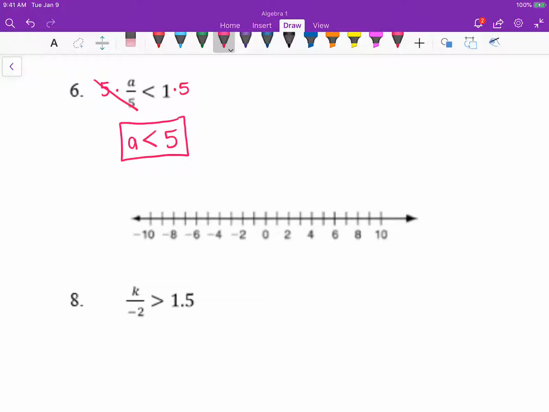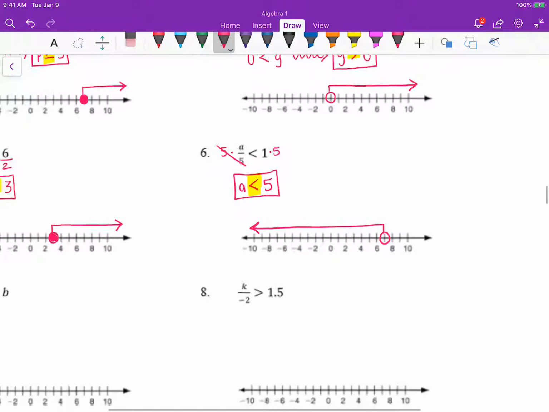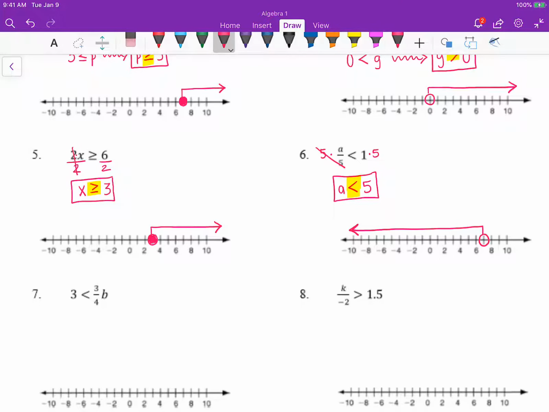Our circle is going to go at 5, so over here I'm going to do an open circle at 5. And my symbol is pointing me to the left, so I can go ahead and shade on the graph all the way to the left from there. So far in any of these problems, I have not had to multiply or divide by a negative number, so I have not had to reverse my symbol for any of the problems yet.